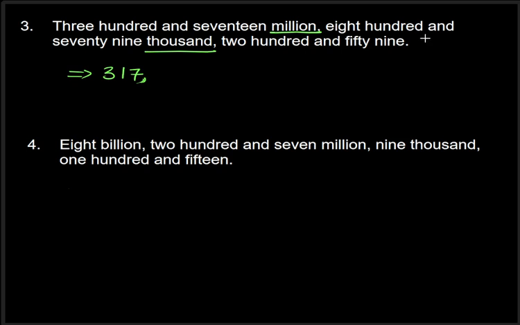The next family continues. So 879,000. The 879, the thousand, will bring in our comma, and then the unit family has 259.